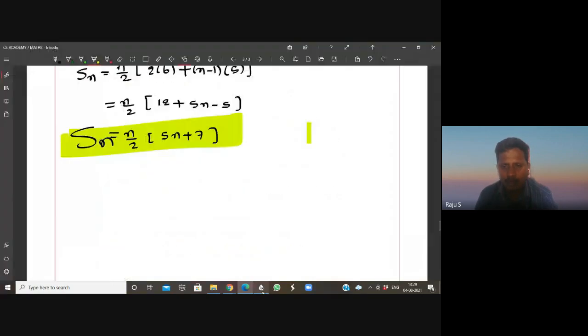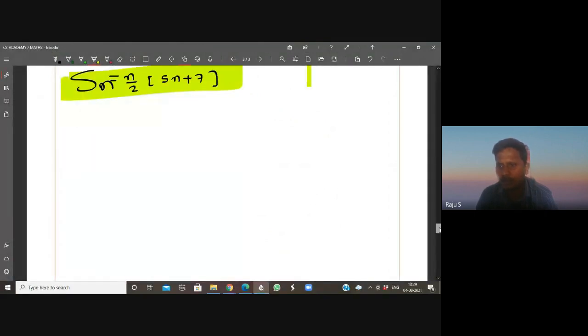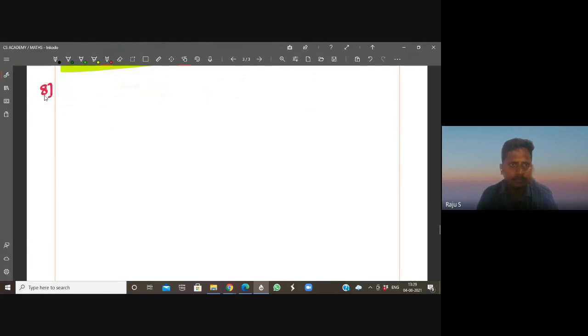So what is the Sn value they have given, students? It is known that Sn is equal to, the formula is n by 2 into 2a plus n minus 1 into d, right?